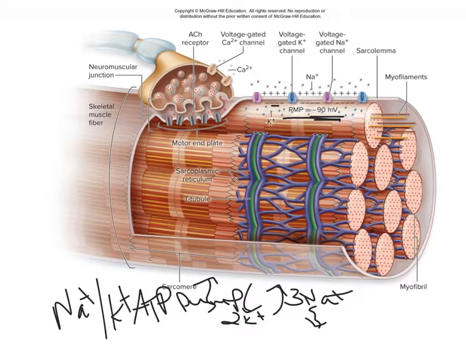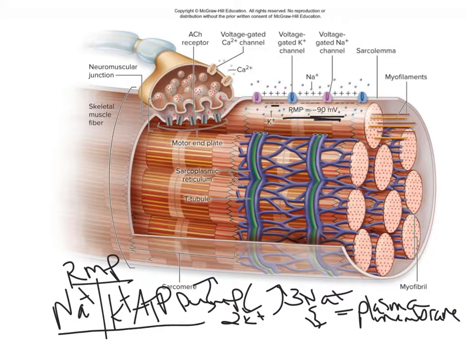We spoke about this when we looked at plasma membranes in general in the cell chapter. So you may want to review how the resting membrane potential is created in relationship to the sodium-potassium ATP pump and the diffusion of sodium and potassium. So that system is in place here.